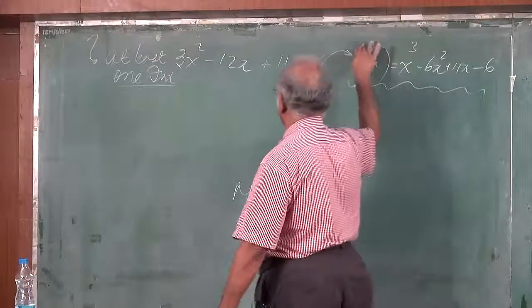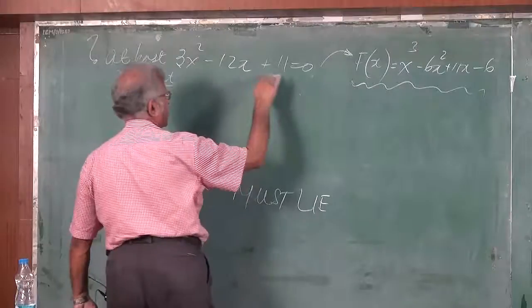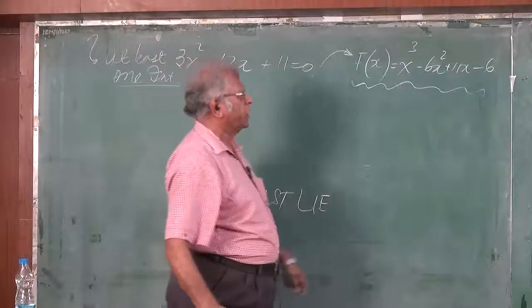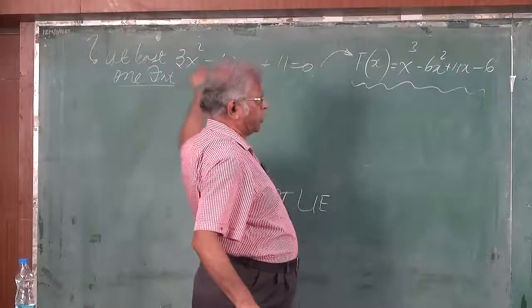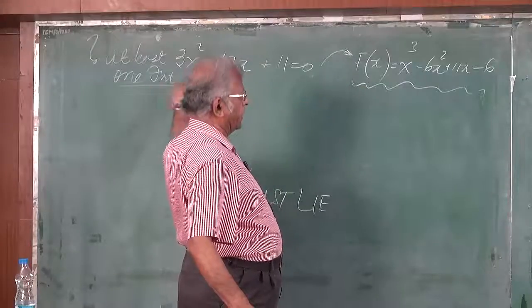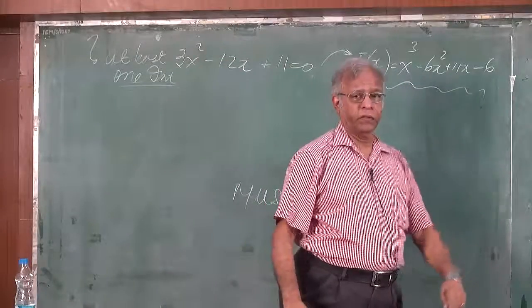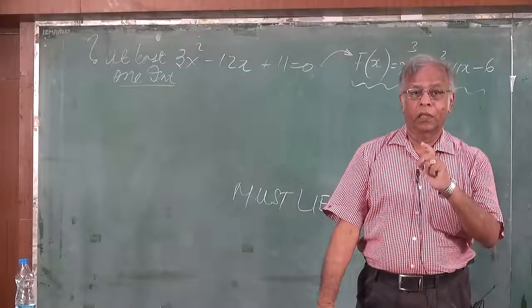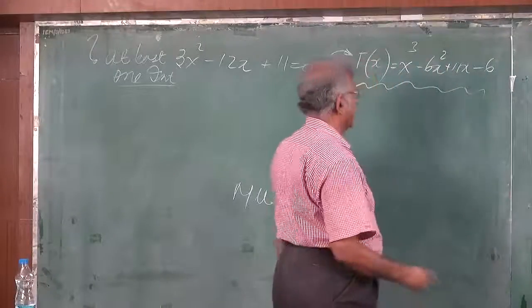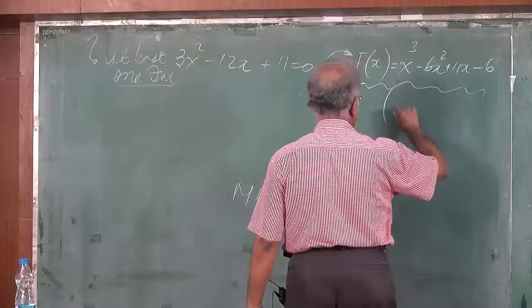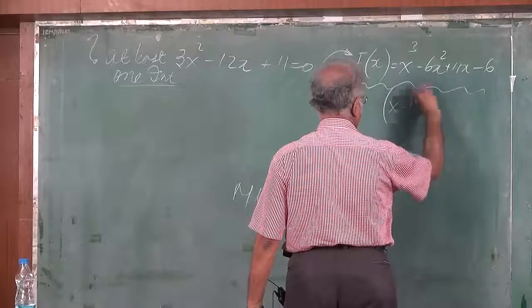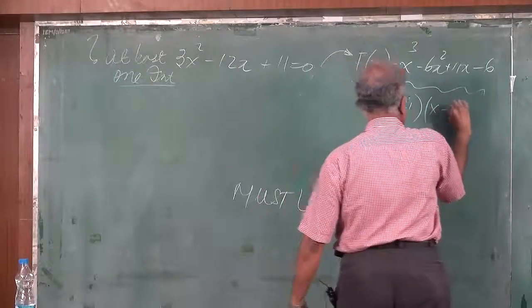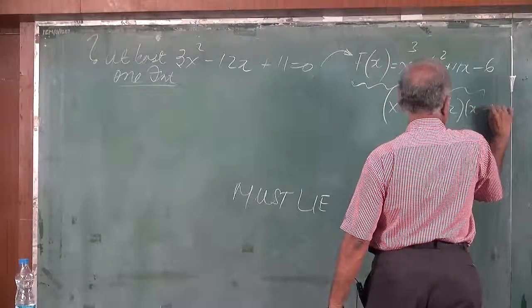If this is a parent function, then this is a derivative function. This much is clear. If we derive this, it's 3x squared minus 12x plus 11. The minus 6 is given because alert students will now recognize that this fellow is nothing but x minus 1 into x minus 2 into x minus 3.